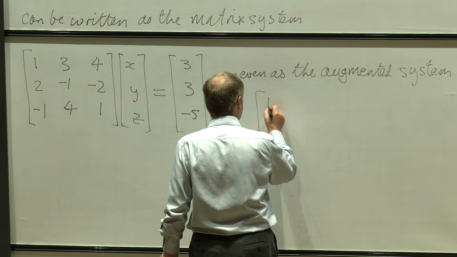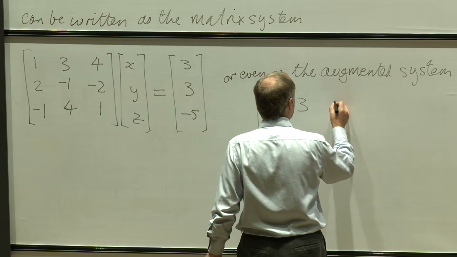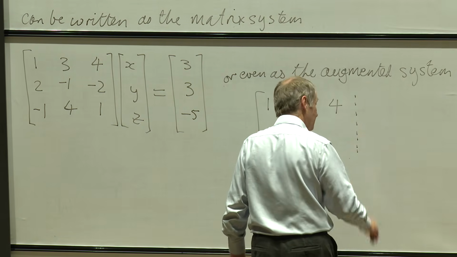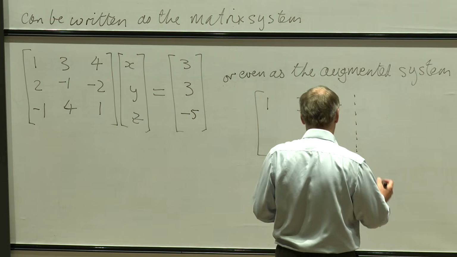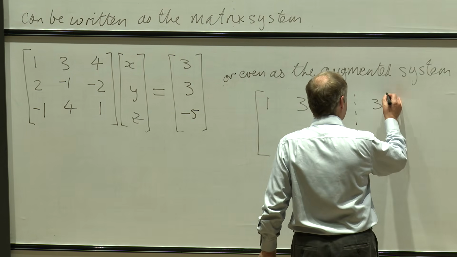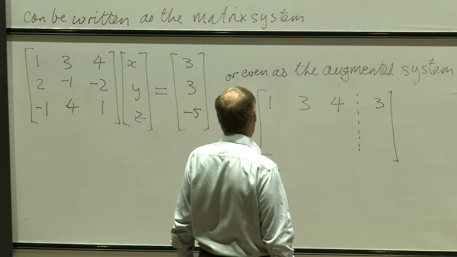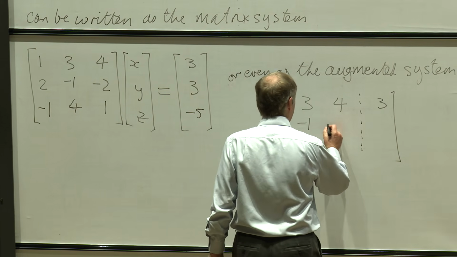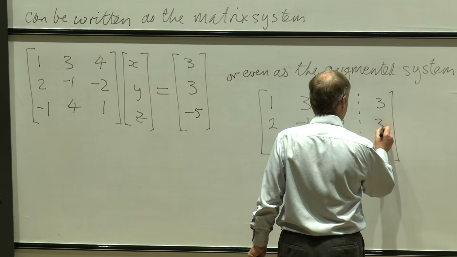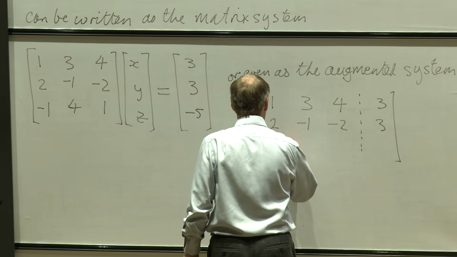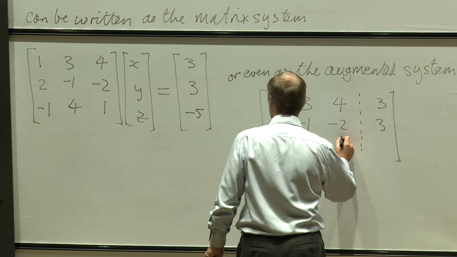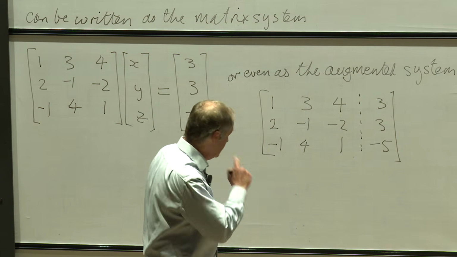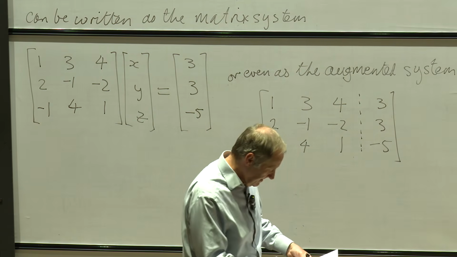So I'm going to take the numbers from the matrix, and I'm going to augment, and I'll just put a little dashed line in here. That's of no consequence. It's just to help you read this. And we put the 3 at the side here. So in some sense, we've lost the x and the y and the z. Please tell me if I make a mistake, right? As far as I can see, that's the same augmented system. Okay.